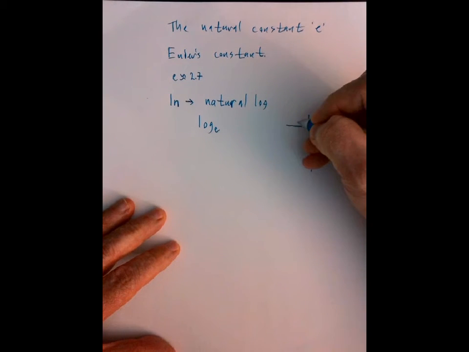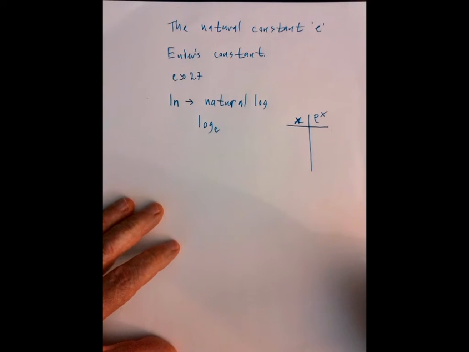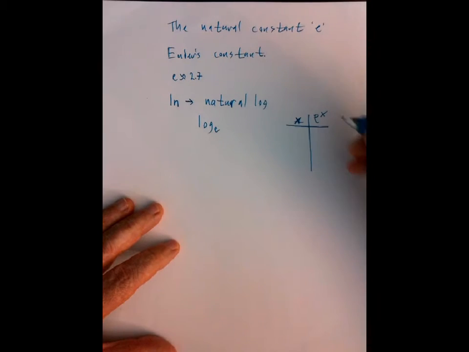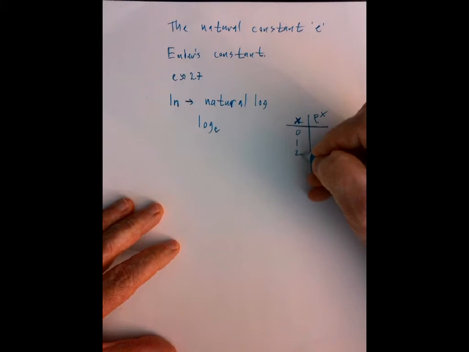So we can make a table of e if you want. This is going to be x, and this is going to be e to the x, just like the table of exponents that we made before for other powers of e. We'll start at 0, 1, 2, 3.